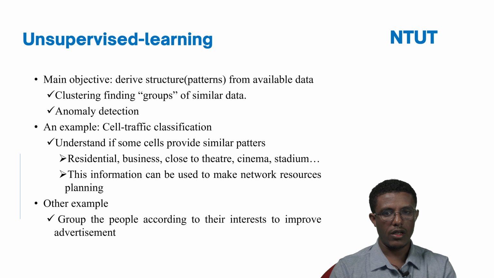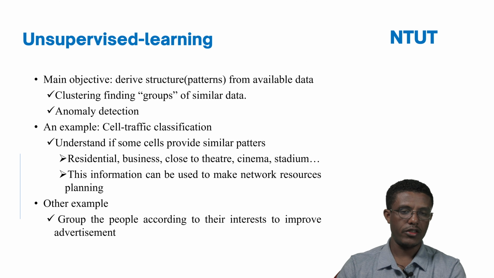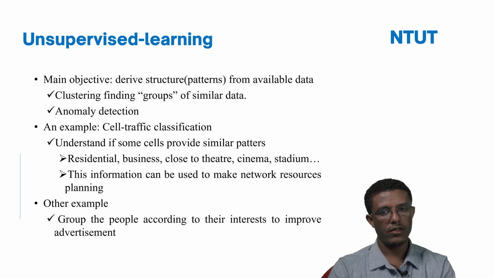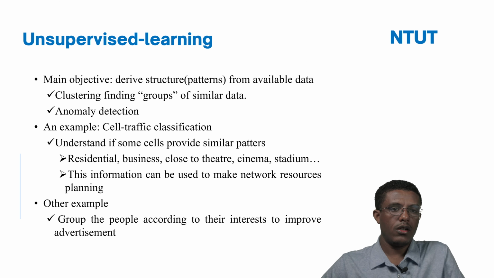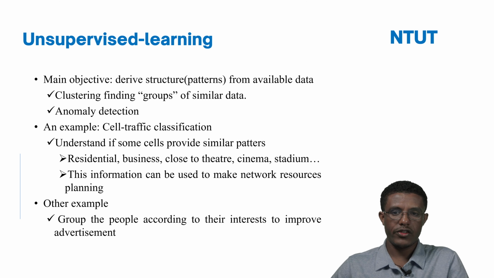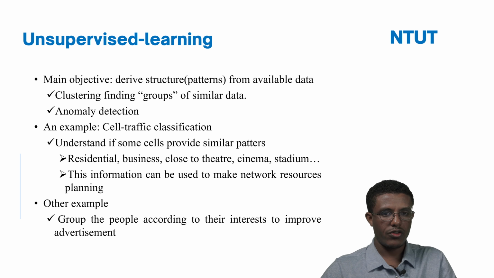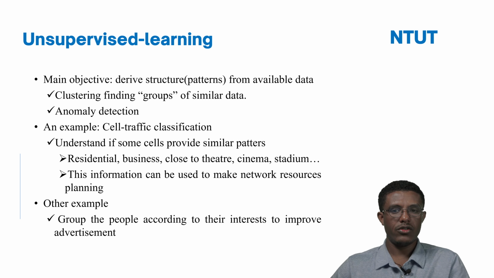So let's take an example of cell traffic classification. Understand whether some cells provide similar patterns, or classify or cluster the people based on residential, business, close to theater, cinema, stadiums, like this.